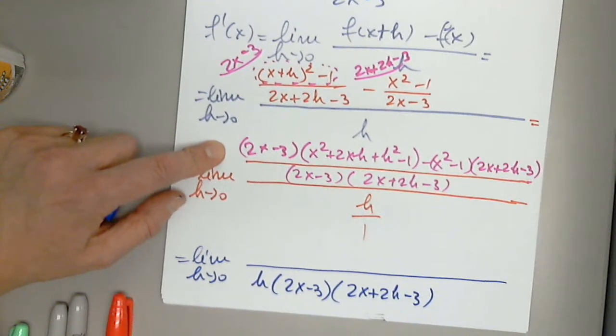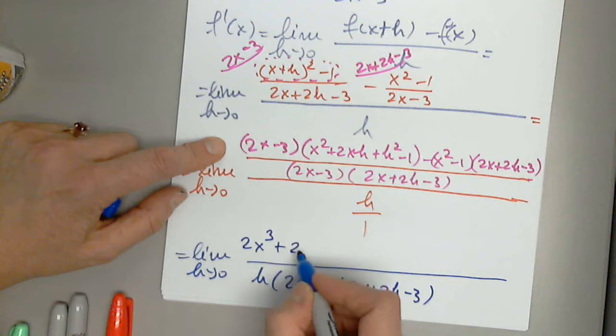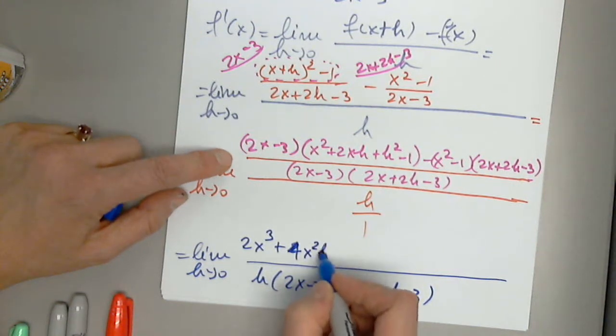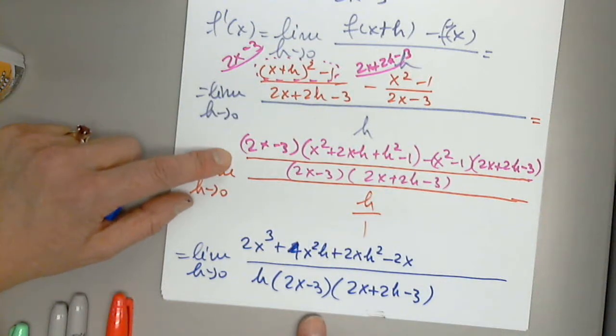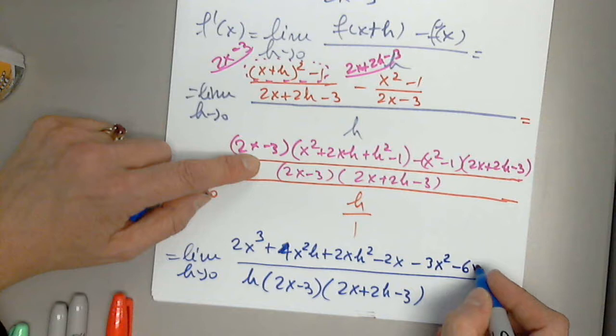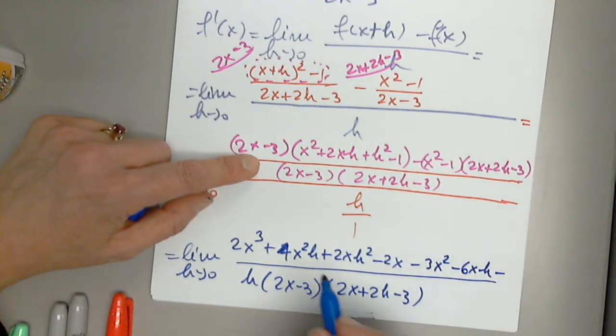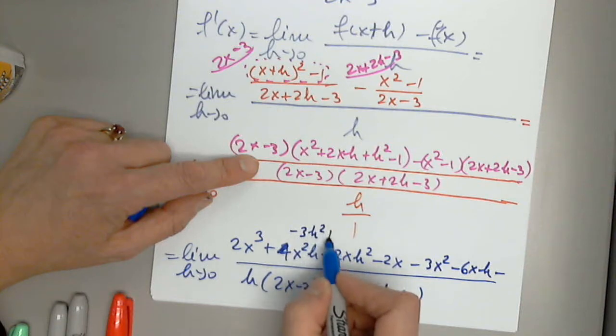So 2x times, this is 2x cubed plus 4x squared h plus 2xh squared minus 2x. And then minus 3x squared minus 6xh minus, and I'm going to continue at the top, I don't have room, minus 3h squared and plus 3.